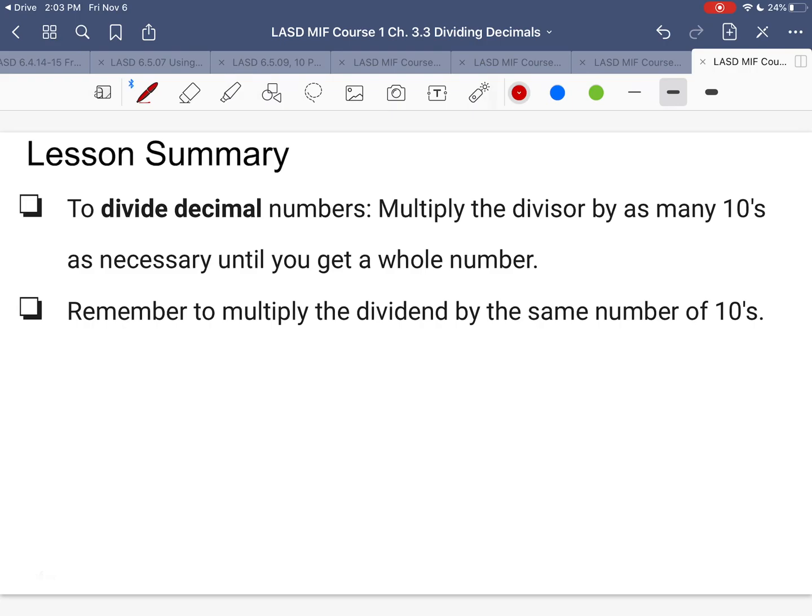So to divide decimal numbers, you can either convert to a fraction and multiply by the reciprocal and then convert back to a decimal again, or you can multiply your divisor by as many tens as necessary until you get a whole number, multiply the dividend by the same number, and then do a long division problem.